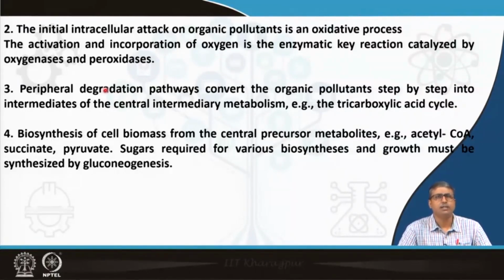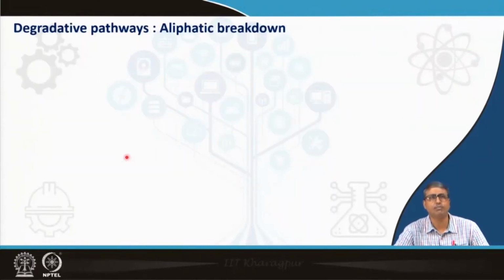And finally, once the TCA cycle or the central carbon metabolism is able to metabolize those carbon molecules, the biosynthesis of cell biomass from the central precursor metabolites like acetyl CoA, succinate, pyruvate, etc. will happen. Now, sugars required for various biosyntheses and growth must be synthesized by gluconeogenesis. So, the biodegradative organisms are capable of performing such reactions as well.